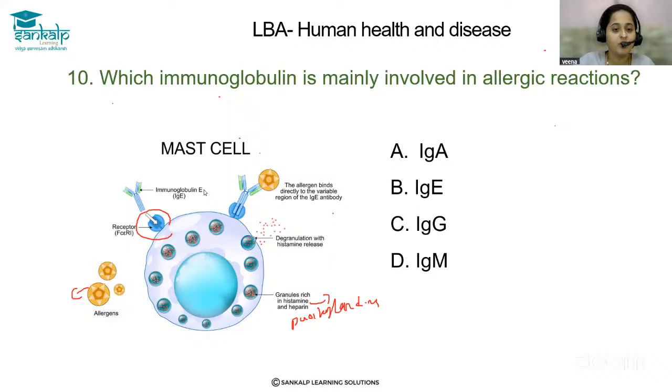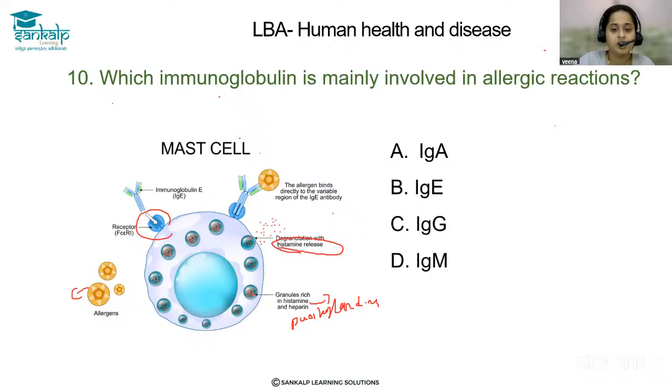The immunoglobulin is released from the plasma cells, that is, the antibody. This immunoglobulin, IgE, binds directly to the antigen.